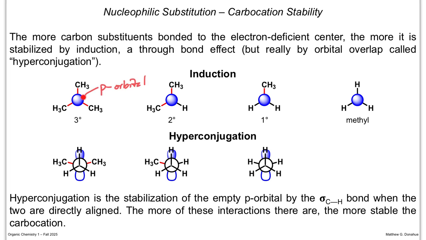Essentially what we're seeing is one lobe of that. So in this Newman projection, there's our p orbital, then we have this central carbon. It has 1, 2, 3 carbons to it. That's why it's tertiary.